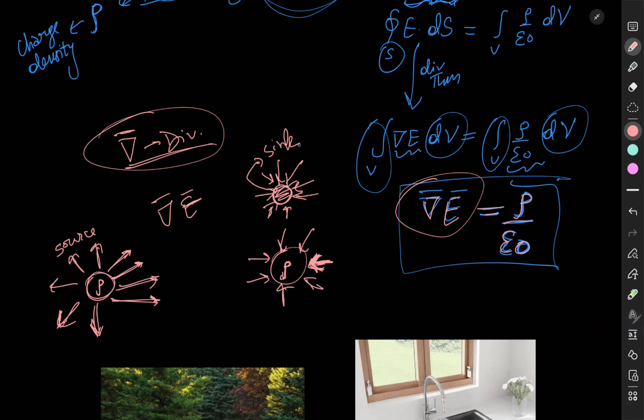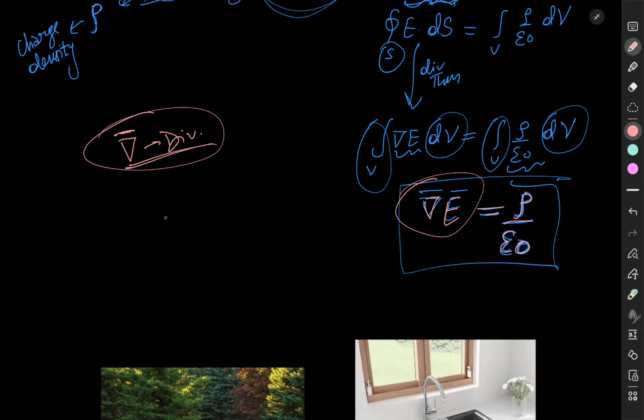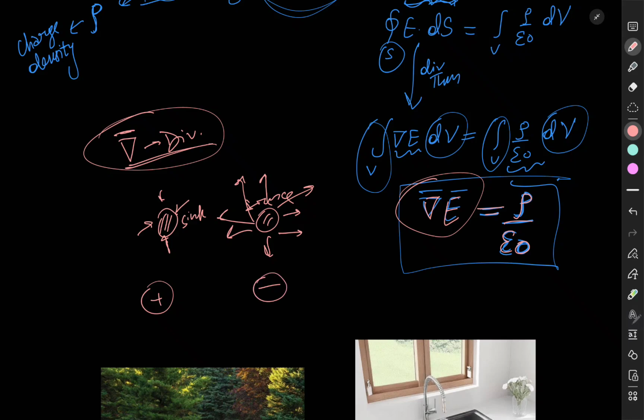Hence, this law of Maxwell simply tells us there exists a sink or a source out of which an electric field comes out or enters. It simply shows that positive and negative charges exist in this universe, and this equation confirms that.